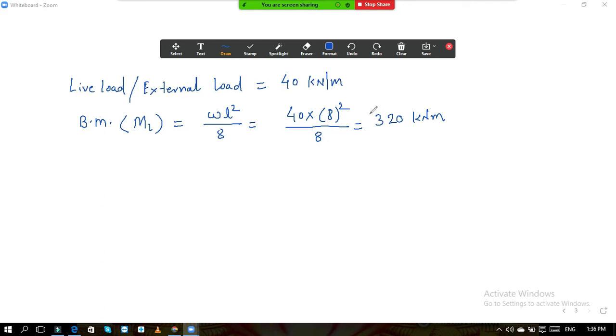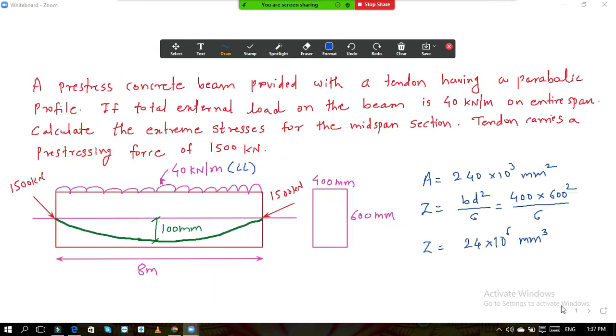Please check the calculations. Then bending stress due to live load is equal to ML by Z. Now again, if you look at this, the live load is acting on this beam, it is UDL and it is vertically downward.